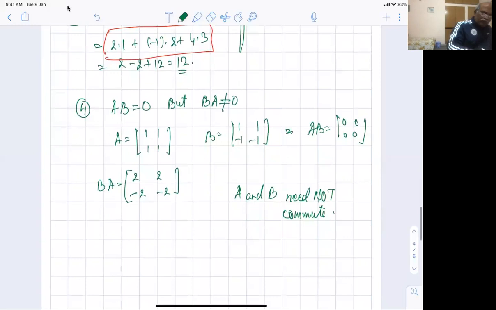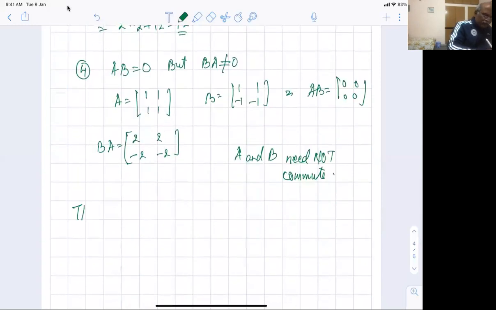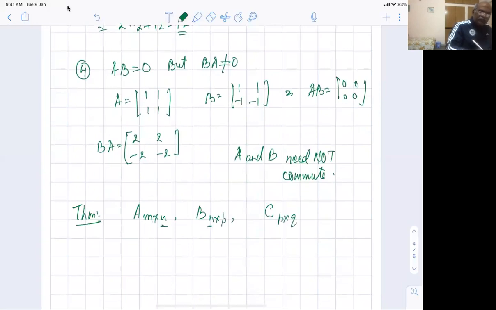So now, theorems about matrix multiplication. Fine. The first thing that we have: A is an M cross N matrix, B is N cross P, and C is P cross Q, so that you can see that this matrix multiplication makes sense. B into C also makes sense for me. So the first thing is that associativity holds. AB into C is the same as A times BC.